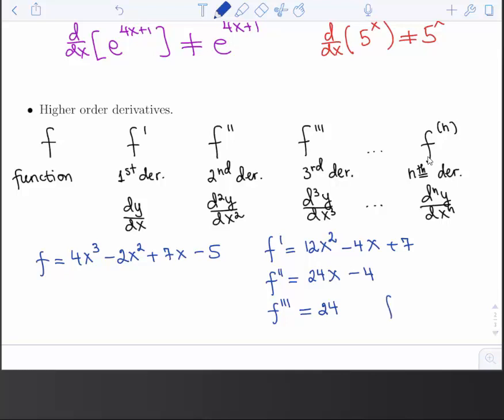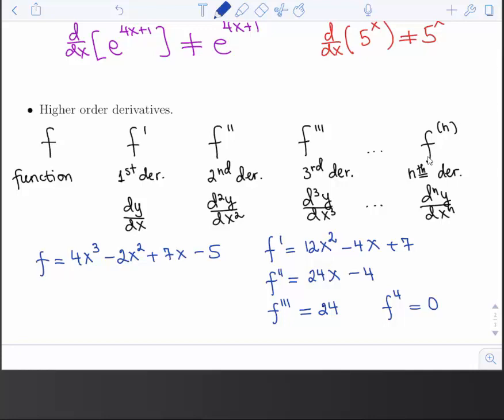And if you really want to, you can find the fourth derivative, and that's 0. The derivative of a constant is 0. Okay? So that's the notation that you should feel comfortable with, and just differentiating a function one step at a time. Let's say you're asked to find the third derivative of the function, so just keep doing this process.